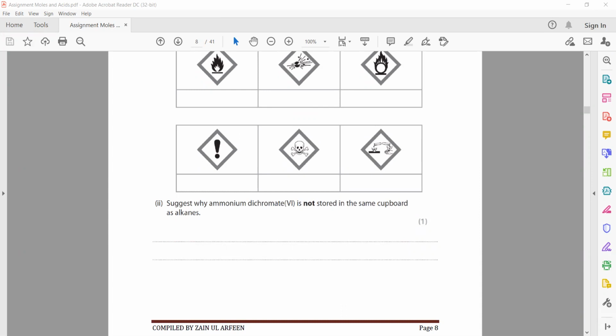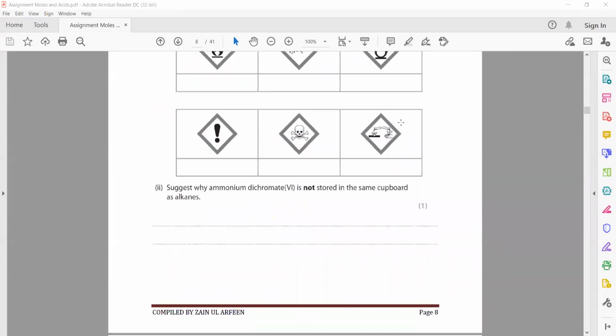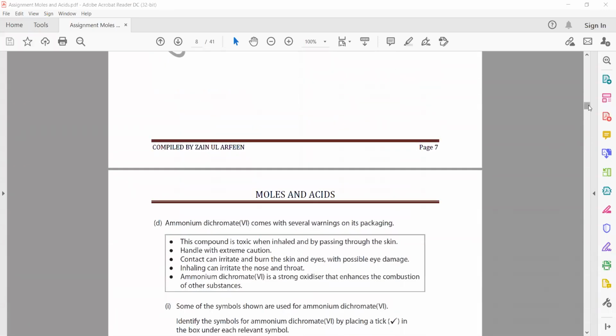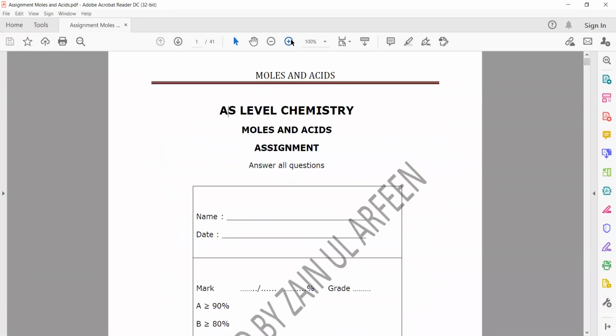That is why it is not stored in the same cupboard as alkanes. So it is an oxidizing agent, and it can cause combustion of alkanes.